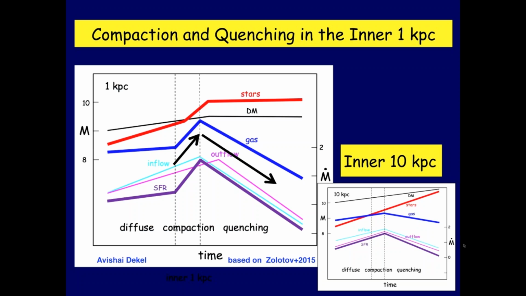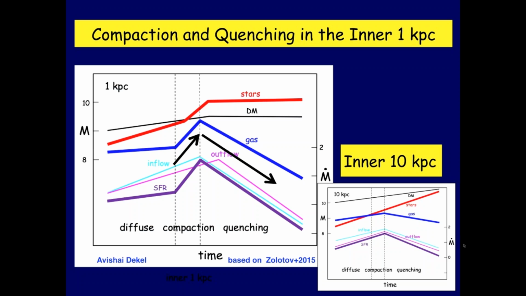Before the compaction process, the inner part of the galaxy is dominated by dark matter. Afterward, it's dominated by stars. So there's this rapid increase in the number of stars just in the innermost region. And that means that it's because of this rapid inflow of gas that the effective radius, the radius that encloses half the light, shrinks.